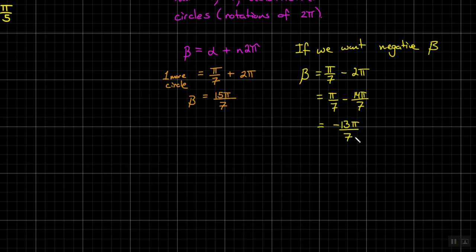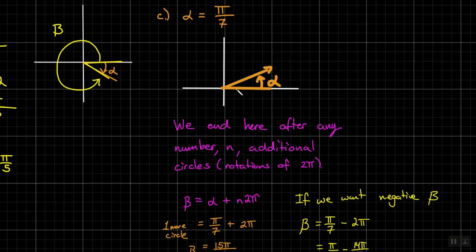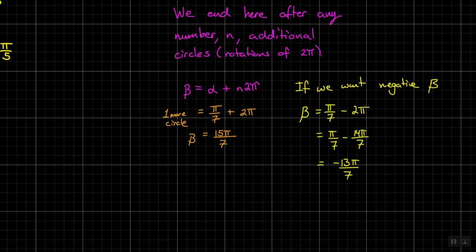But the way that we drew it the first time when we were looking at our picture, this is almost a full circle, right? 13 sevenths, it's almost 2 pi. If I look at this circle going this direction, is it almost 2 pi? And I'm convinced now that maybe, just maybe, this is the easier way to approach this problem. Rather than really trying to think about it, if we recognize that it's always just another circle away, we'll just keep adding 2 pi as many times as needed, over and over and over.